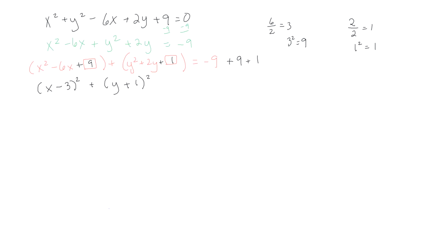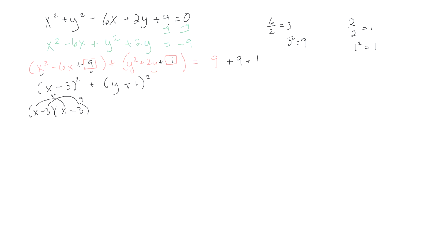Let me just show you this, because you may not understand fully how I got that. So x minus 3 times x minus 3, x times x is x squared, which is what I have here. Minus 3 times minus 3 is 9, which is what I have here.